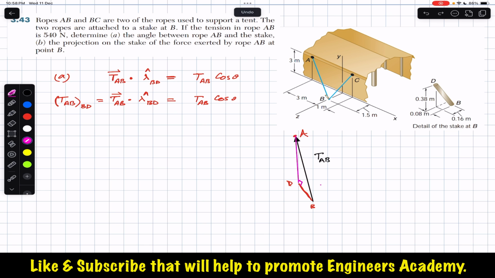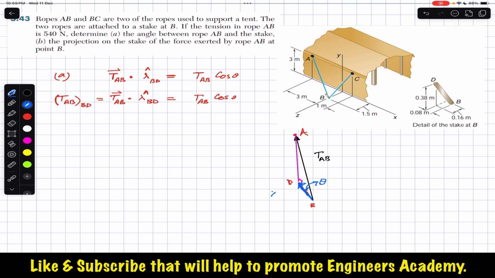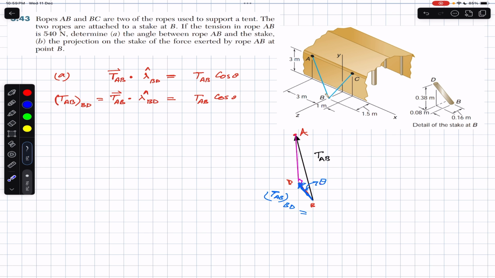If we draw another vector along BD, this blue vector, and if this is the angle theta, then this blue vector is the projection of that TAB along BD. If we look into this triangle from this side, and if this is a right angle triangle, then this particular projection is the component of TAB, and this will be the cos component. So the projection of this TAB along BD is equal to TAB cos of theta.